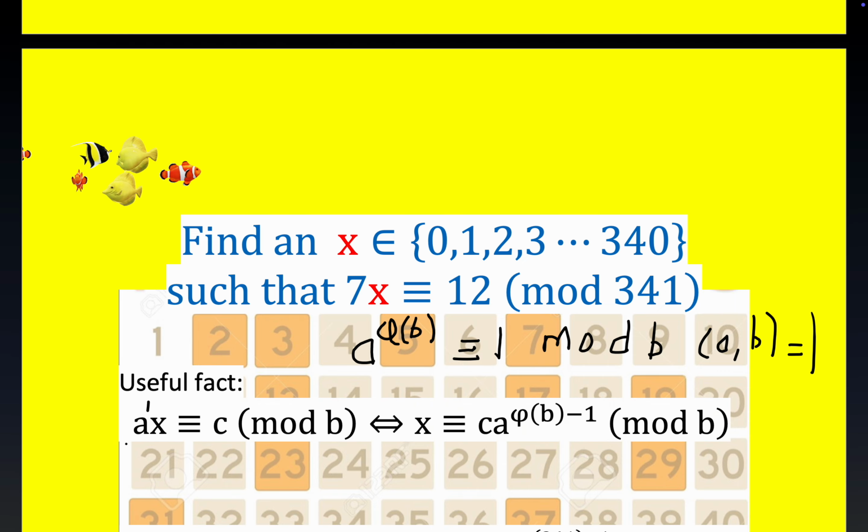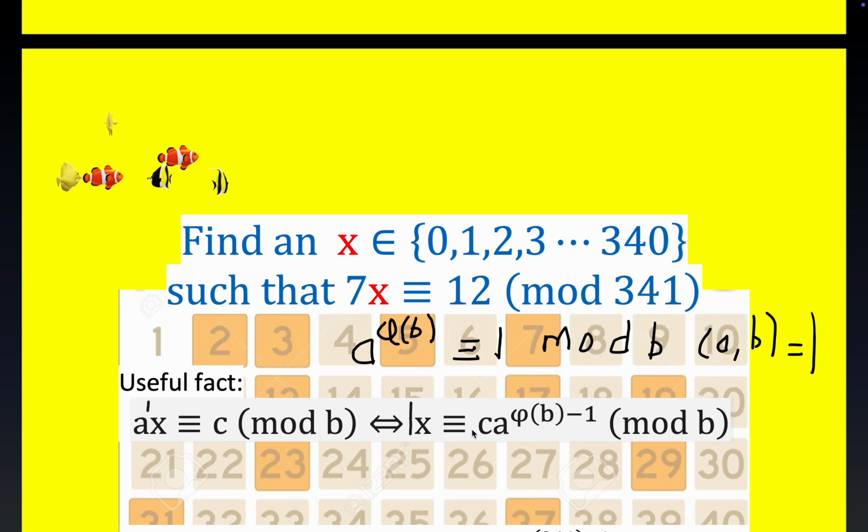The 1 that you see right here is from this. When you multiply through by a to the phi of b minus 1, by laws of exponents, these 1s go away and you would have a to the phi of b, period. But that's congruent to 1.